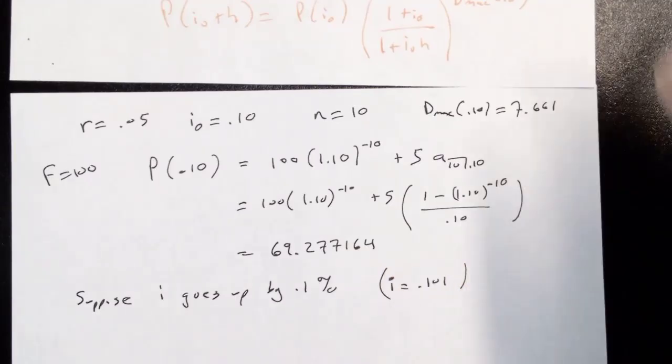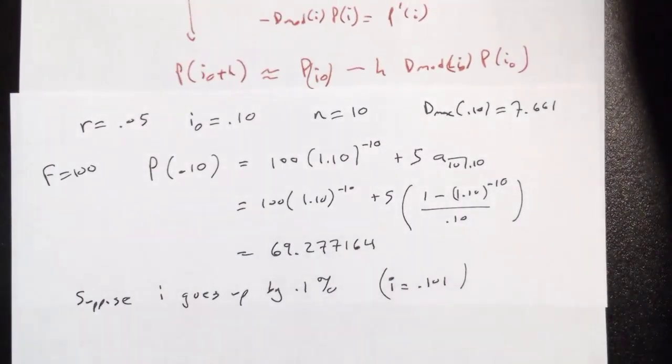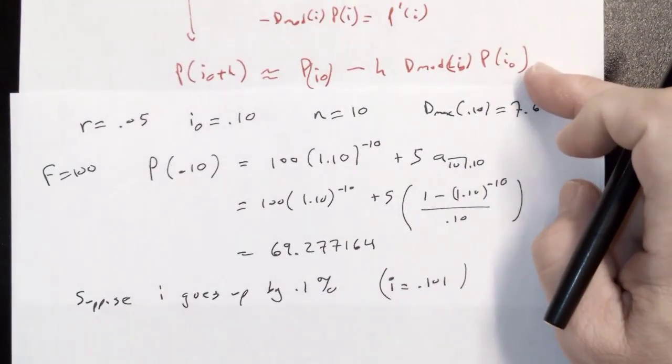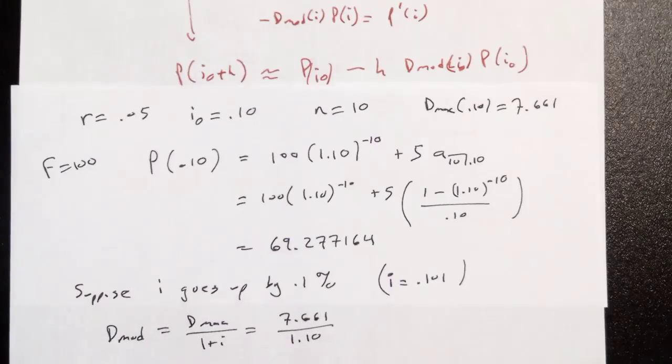But if I use the approximations, scroll back up, here's my modified duration approximation. At 10%, my modified approximation is this.